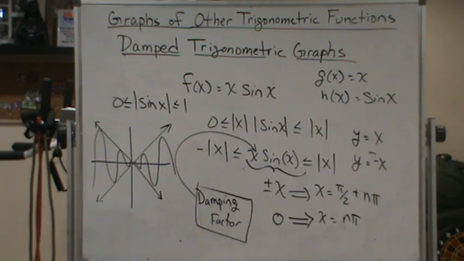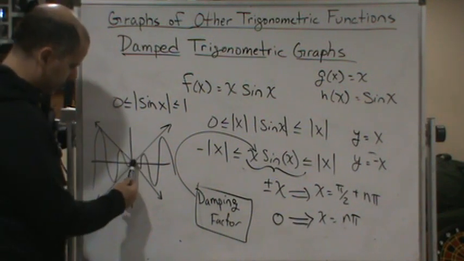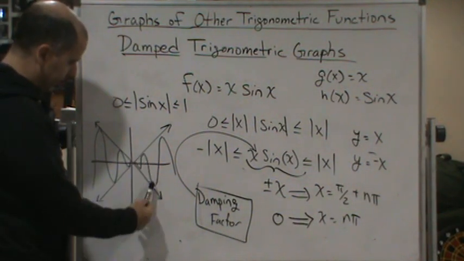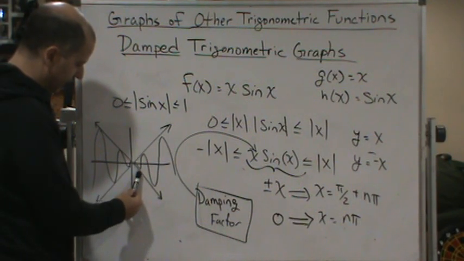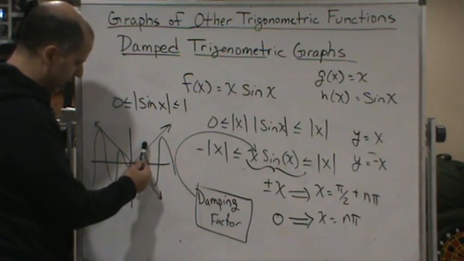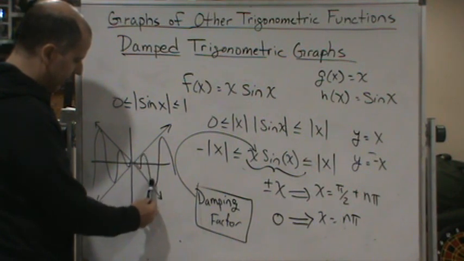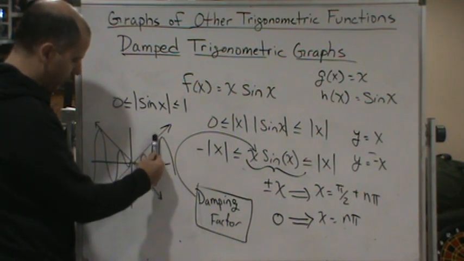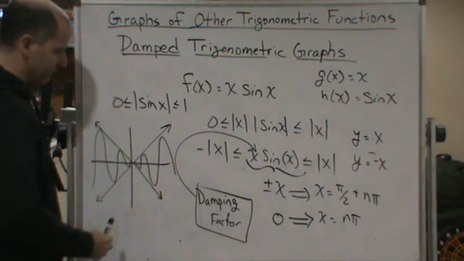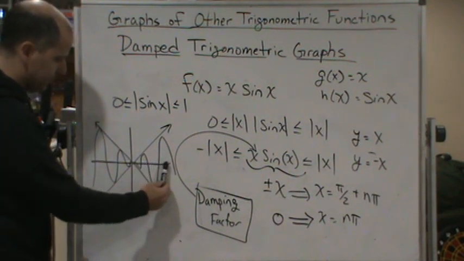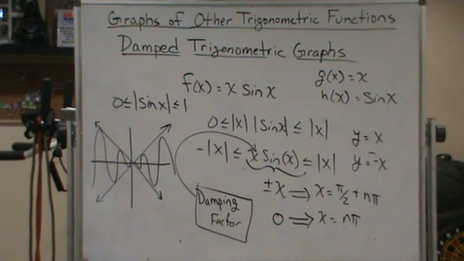Okay, so the graph is going to bounce between y equals x and y equals negative x, and it's going to touch either one of those lines at odd multiples of pi over 2, right? And then it's going to have an x-intercept at every multiple of pi.